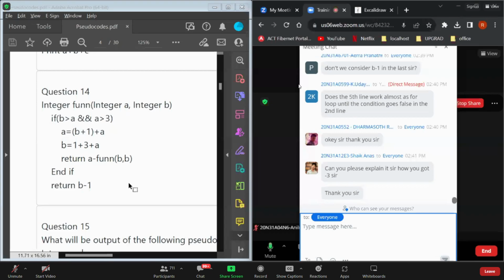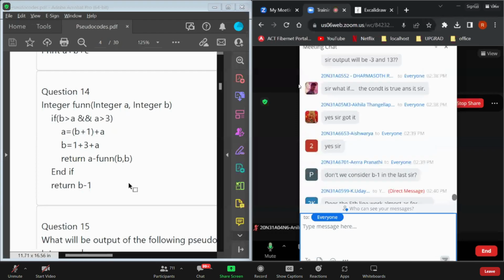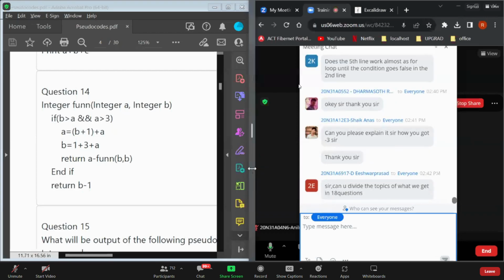You will get around 7 to 8 questions from bitwise operators, along with arithmetic operations or conditional statements. Around 4 to 5 questions will be on recursions, and 4 to 5 questions will be on loops. Here only you can get your 18 questions.